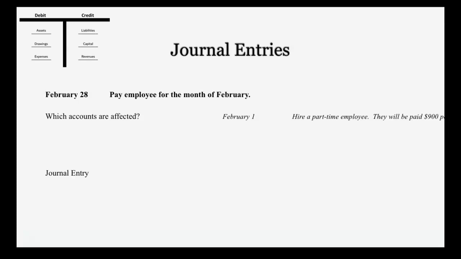So here we need to record now that they've actually done the work and we have to pay them. Right, back on February 1st when we just hired them, that wasn't a transaction. So we didn't have to record that one. But now they've done the work and we are paying them here at the end of the month.